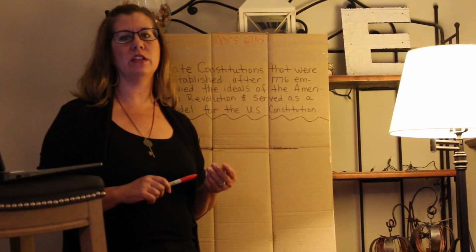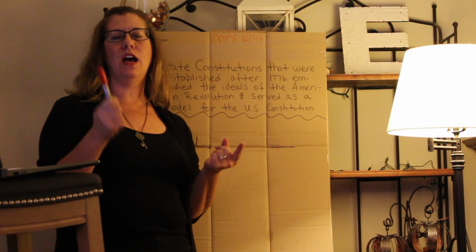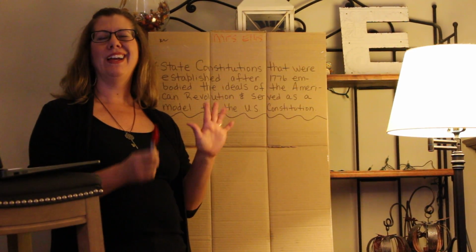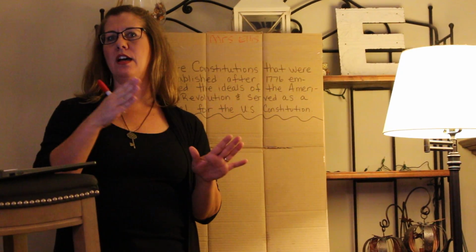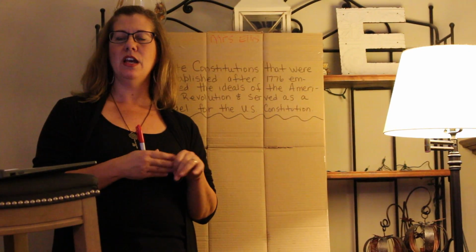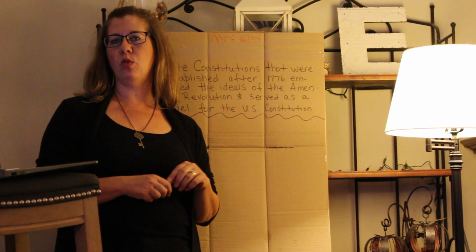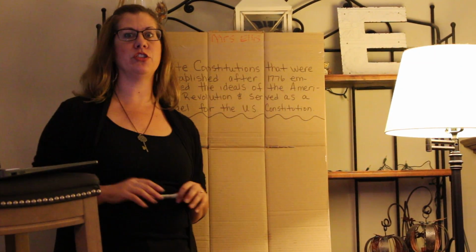So we're going to be learning about state constitutions, the U.S. Constitution, and also the thing we've touched on before, which is the Constitutional Convention and what we were using before the big Constitution came to be.